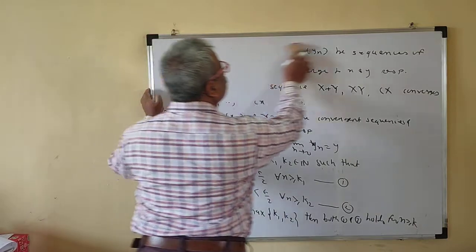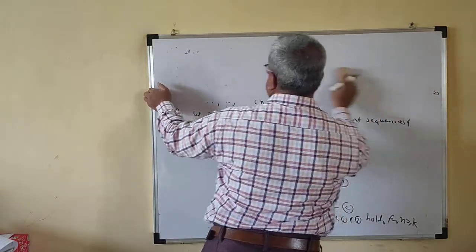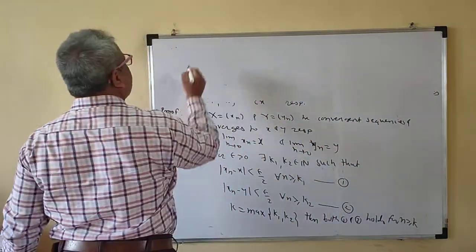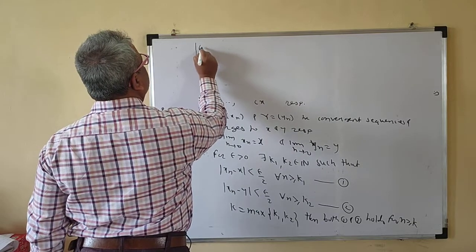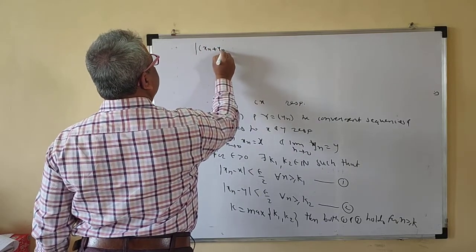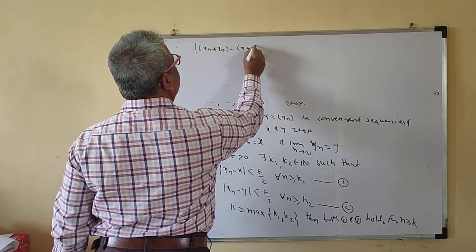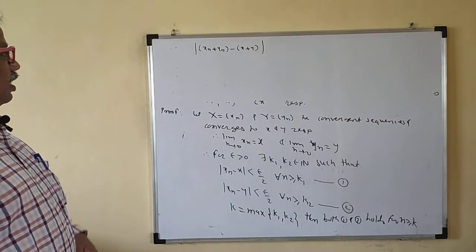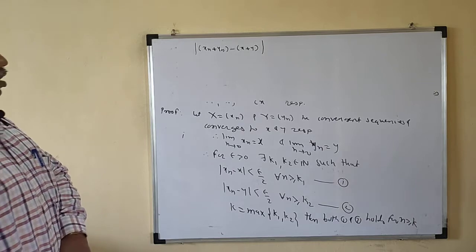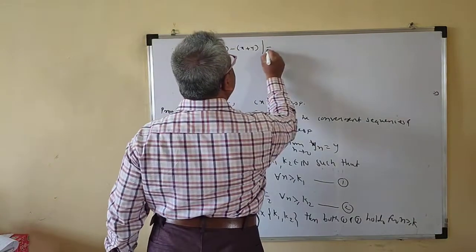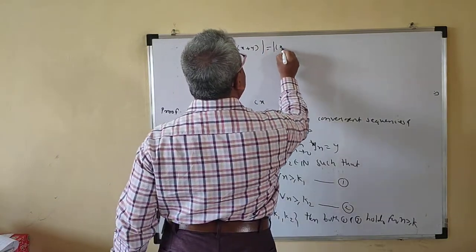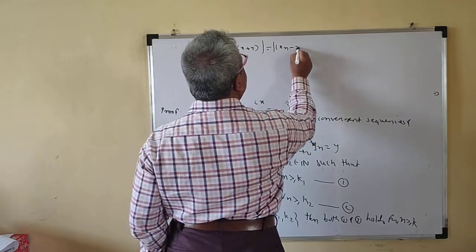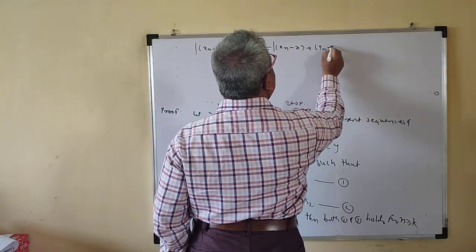So I will write this as mod of xn plus yn minus (x plus y). I want to show that this is less than epsilon. Now this is equal to mod of (xn minus x) plus (yn minus y).